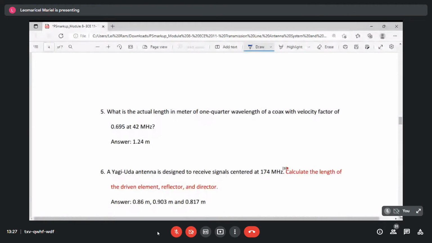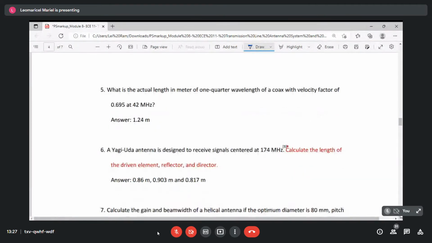Okay, next. So what is the actual length of a quarter wavelength coaxial cable with a velocity factor. Same lang din. Given ang velocity factor that is equals to 0.695, and the frequency is given by 42 megahertz. Again, kunin nyo yung velocity of propagation, that is velocity factor multiplied by the speed of light.